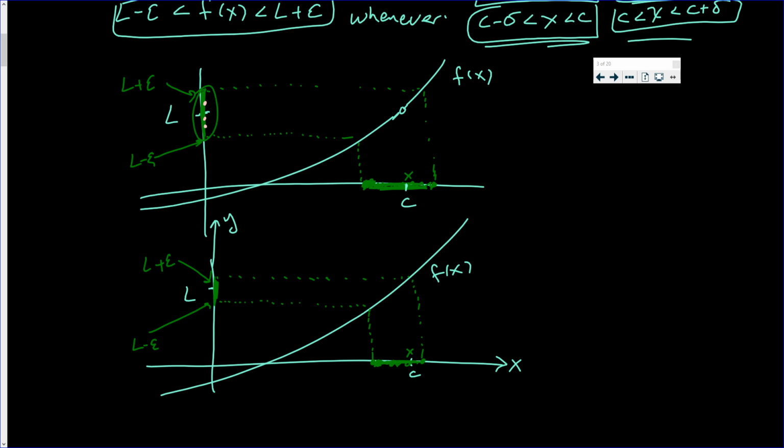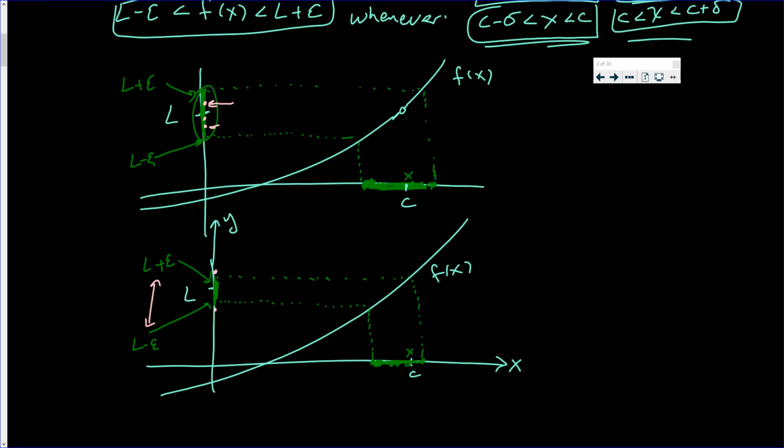So for example, before, up here, I said the limit can be that value, or the limit can be that value. Those values are now out here. My range got smaller.